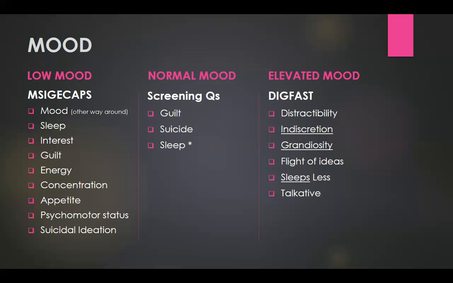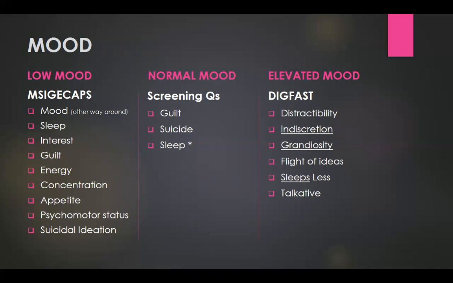So the patient or the role player might give you 3 different answers. First option, they might tell you, I'm very sad, I feel terrible, I'm having a low mood. That's when we have to continue asking the MCD CAPS. This is a very important mnemonic for psychiatry.